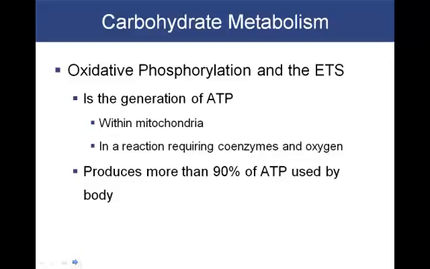And ultimately, this is where 90% of the ATP that's utilized by the cells is produced. We note that oxidative phosphorylation occurs within the mitochondria, and it requires the coenzymes, the NADH and the FADH2, and it's aerobic, so it needs oxygen.